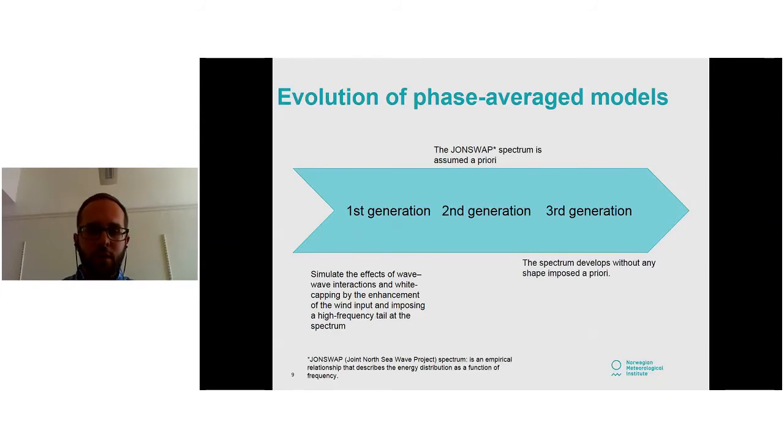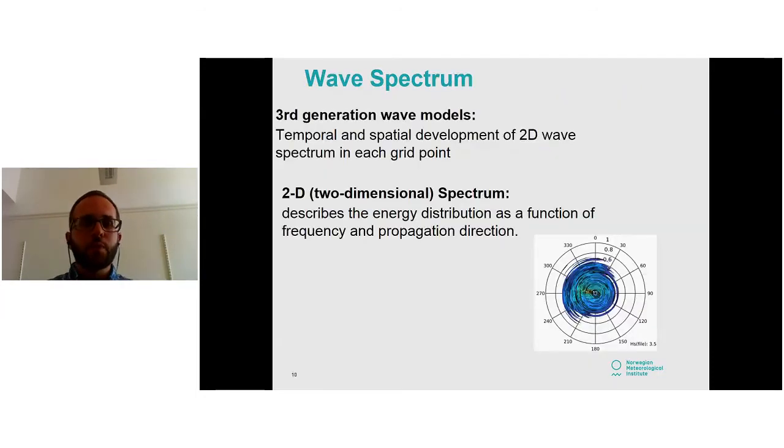And for the people that maybe are not familiar with it, the Young's spectrum, for example, is from the Joint North Sea Wave Project spectrum, an empirical relationship that describes the energy distribution as a function of frequency. So the wave spectrum is very important for the phase average models.